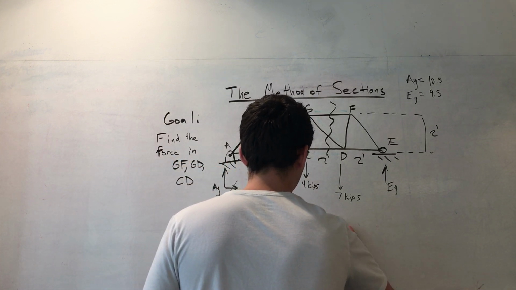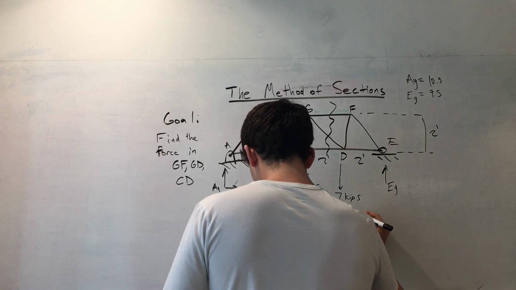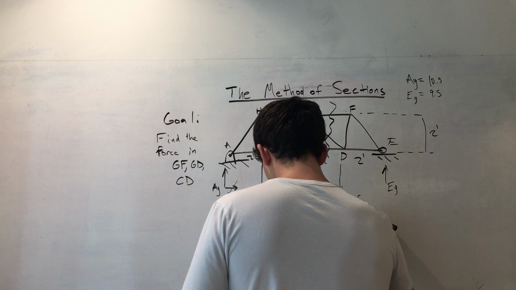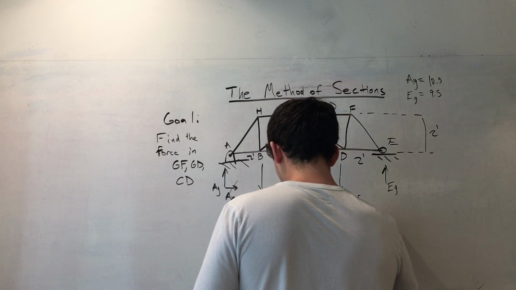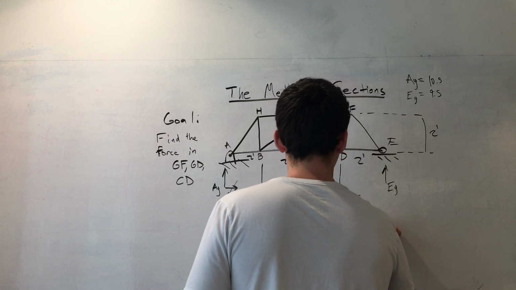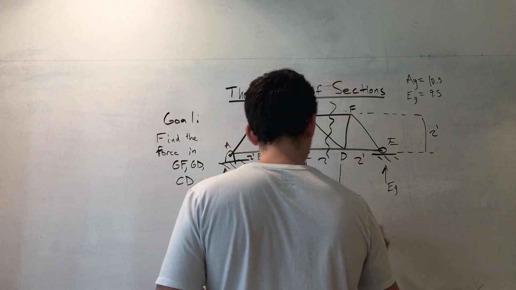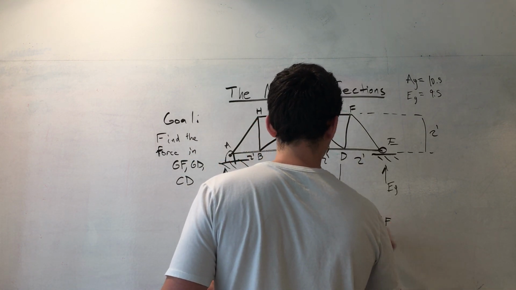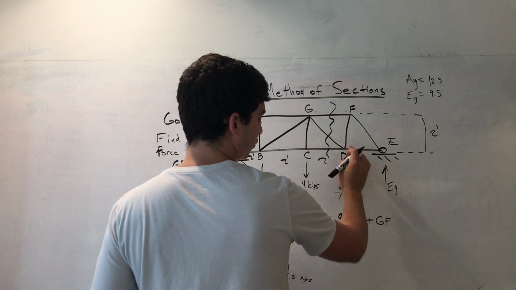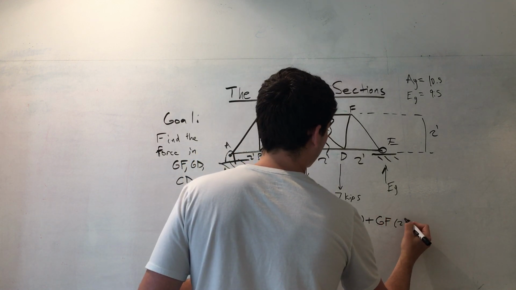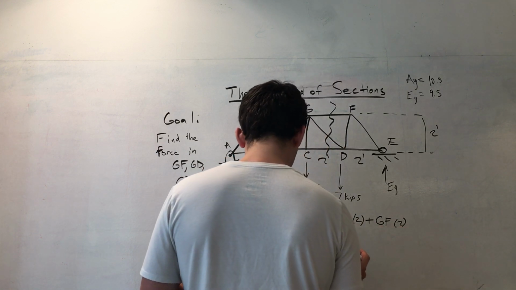which means 9.5 times 2 plus GF and the distance 2 because E is 2 away from the joint D, and GF is 2 upward from D. So we're doing the distance away.